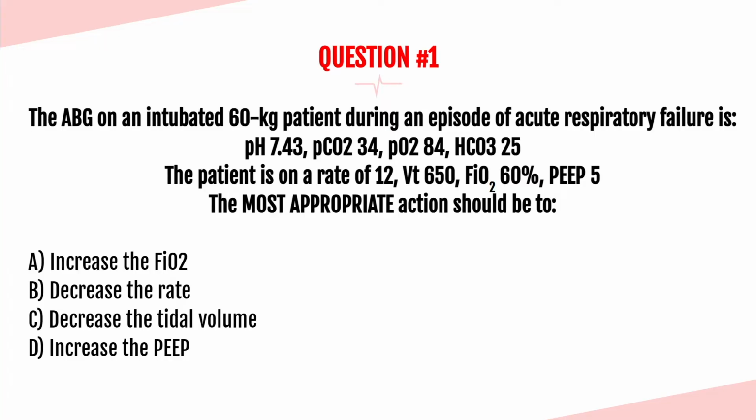The patient is on a rate of 12, tidal volume of 650, FiO2 of 60%, and a PEEP of 5. The most appropriate action should be to A. Increase the FiO2, B. Decrease the rate, C. Decrease the tidal volume, or D. Increase the PEEP.